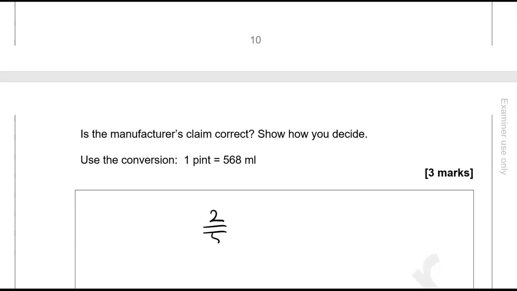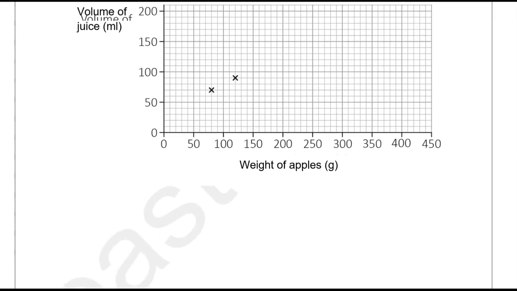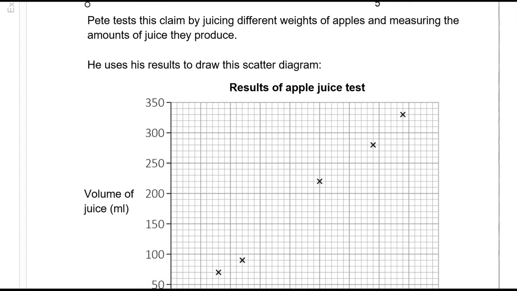So 2/5 of 568 will be 568 divided by 5 and then multiplied by 2, which gives us 227.2 milliliters.